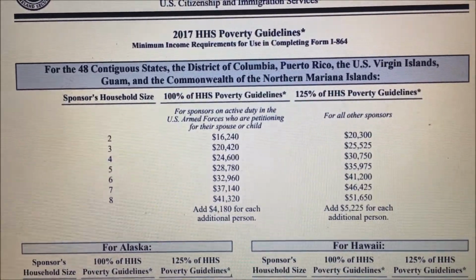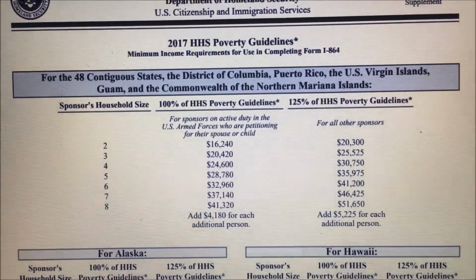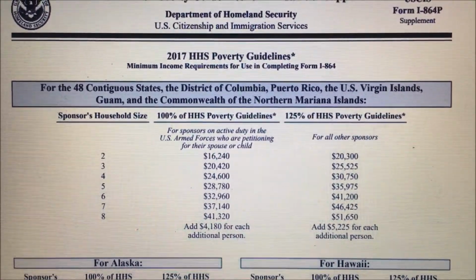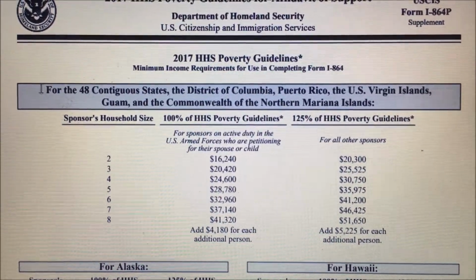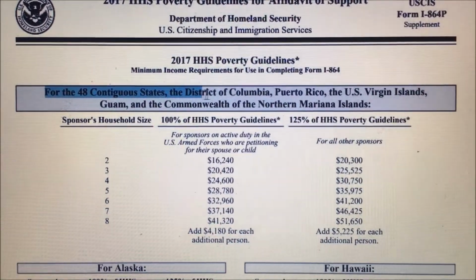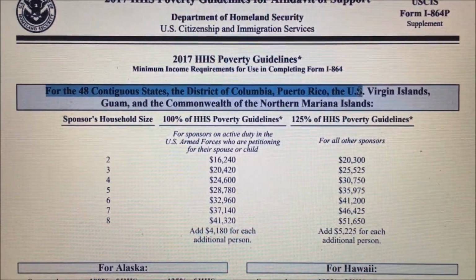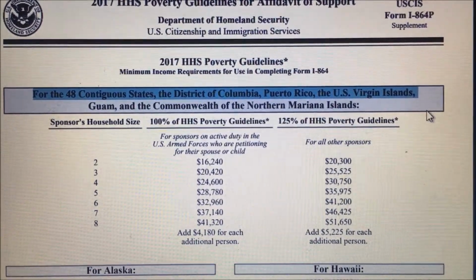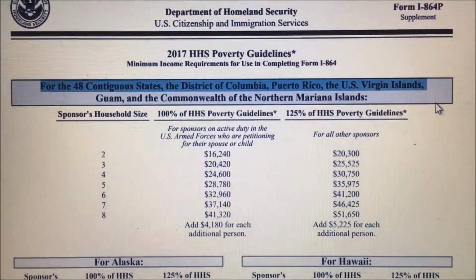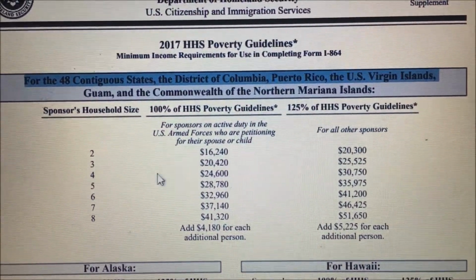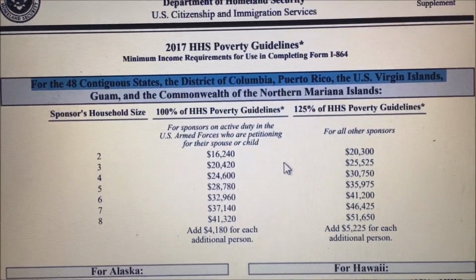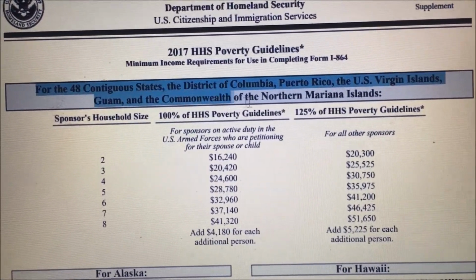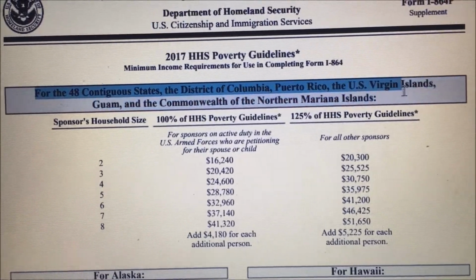As shown on the Form I-864P, there are 3 income requirement tables based on where you live. This one is for the 48 contiguous states, the District of Columbia, Puerto Rico, the U.S. Virgin Islands, Guam, and the Commonwealth of the Northern Mariana Islands.